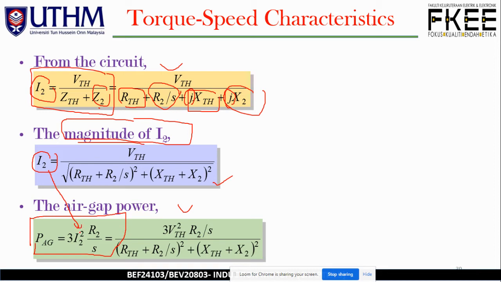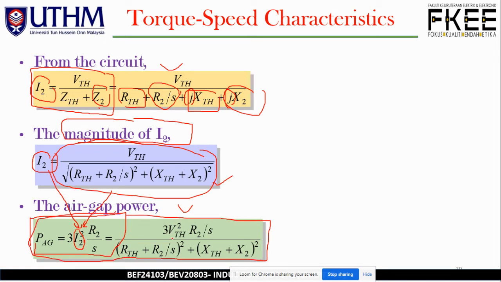Don't forget to square it. All of this goes in here, and thus you may get the final formula of the PAG, which is equal to 3 VTH squared R2 over S over blah blah blah.